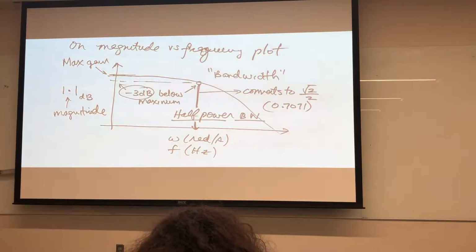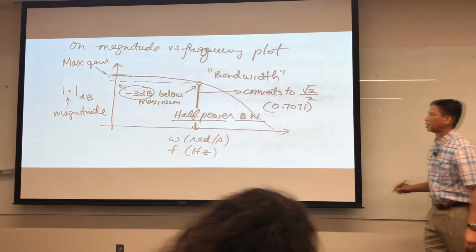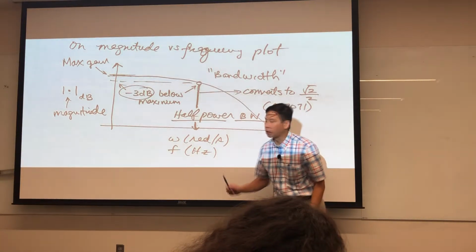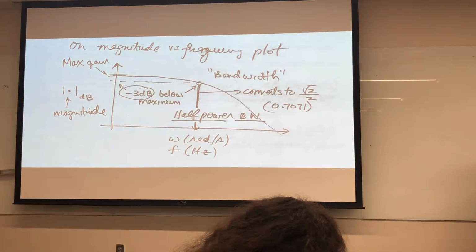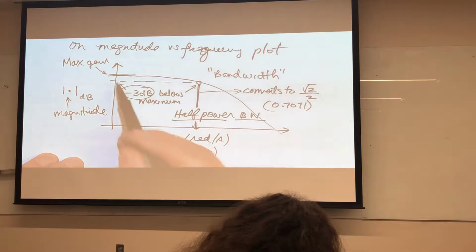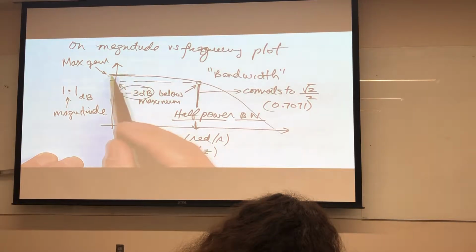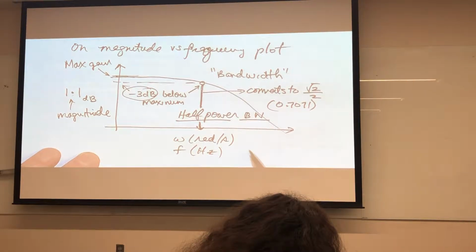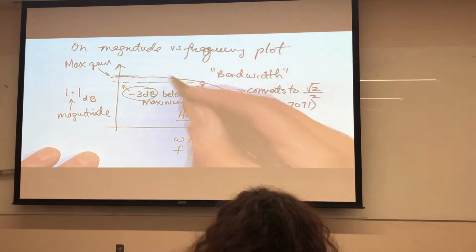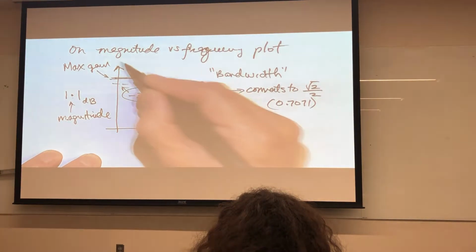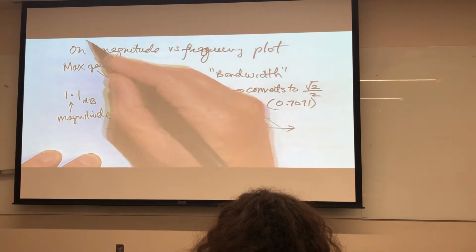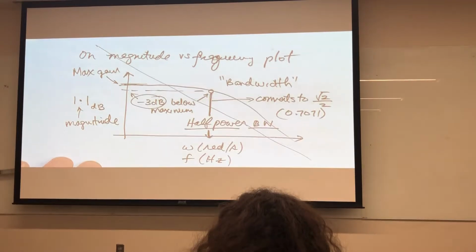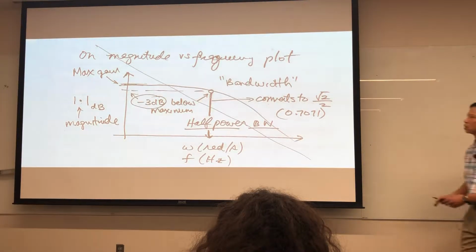Okay. Now there's another bandwidth value that is a lot of times used because sometimes it's not possible on our diagram to see what the maximum gain is. For example, there's one plot that we're going to look at another day where the frequency response is just a slope, just a line like this.